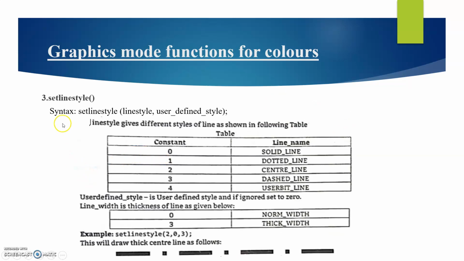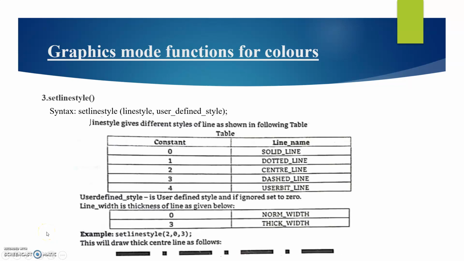Next is the setlinestyle graphics mode function. It specifies the thickness of the line to be drawn. These styles are not used for circles. Syntax is setlinestyle(line style, user defined style, line width); where the line style gives different symbols of a line as shown in the table, and the user defined style is a user defined style, and if ignored set to 0.